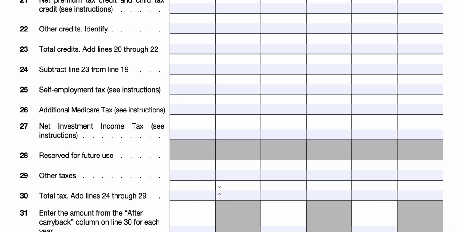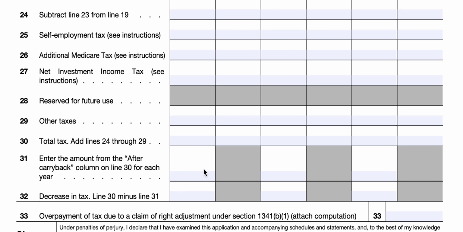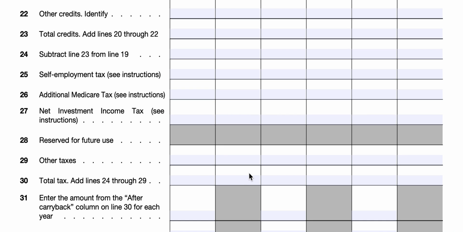For line 30, you'll enter the total tax, which is the sum of lines 24 through 29. In line 31, you'll enter the amount from the after carryback column on line 30 for each year. So if your total tax ended up being $10,000 here after the carryback, then you'll enter that number here.